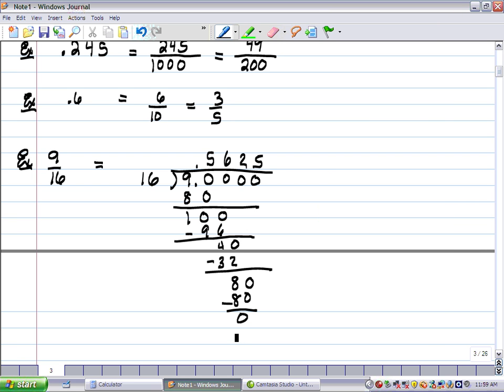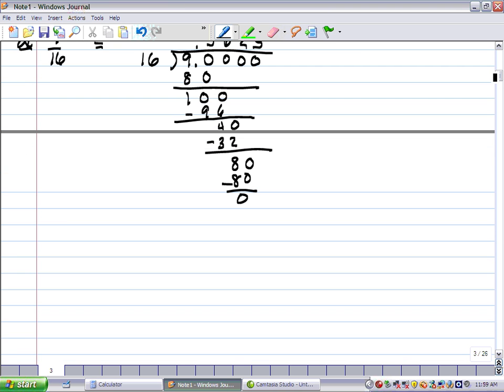Okay, now what if we want to convert decimals and percents back and forth to each other? Remember, percents are out of 100. In a decimal, the hundredths place is 2 decimal places to the right.